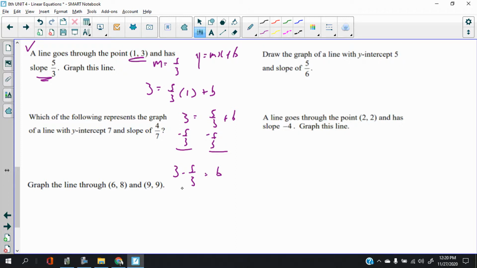Let's just turn this, subtract, so 3 minus 1 and 2/3 equals b. Alright, so this is 1 and 1/3 equals b. Right, it's a lot of writing, I know. And then you have your equation: y equals 5/3 x plus 1 1/3, that's 4/3. And then you'll graph that.